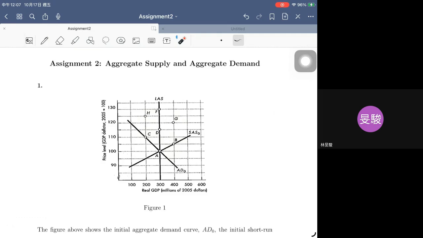You should know that AD and AS represent the equilibrium real output and price level in the demand section and supply section respectively. So the equilibrium of all sections must be at AD and AS at the same time.